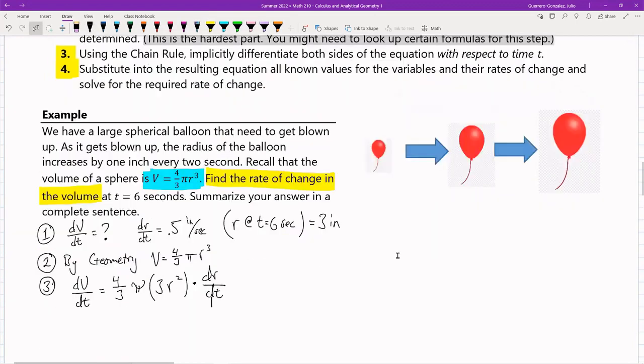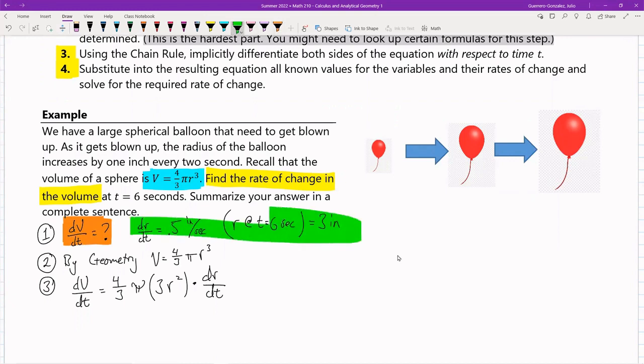Step 4 says to substitute all the resulting values into your equation, and you get the value that you need. So let's review a little bit here. We need dV dt, which means we need all the rest of this stuff to go into our equation to find dV dt.